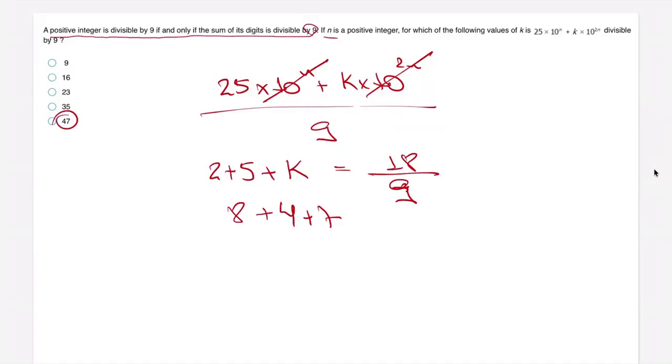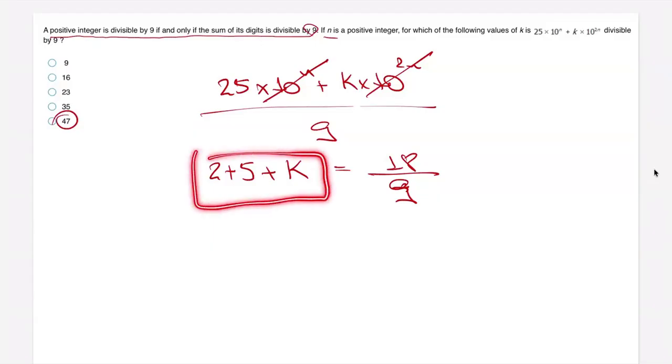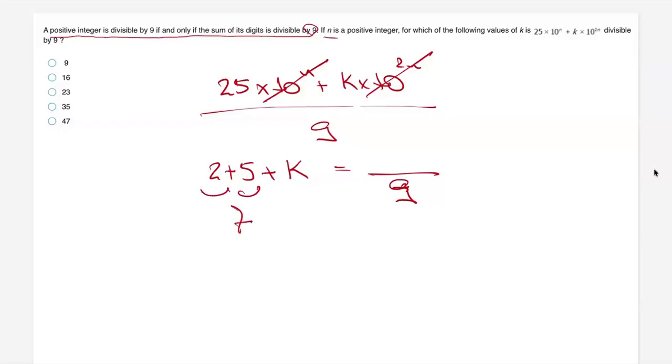Is it right? I'm waiting. Is everybody paying attention? Until here, everybody understood? 2 plus 5 is 7, not 8.